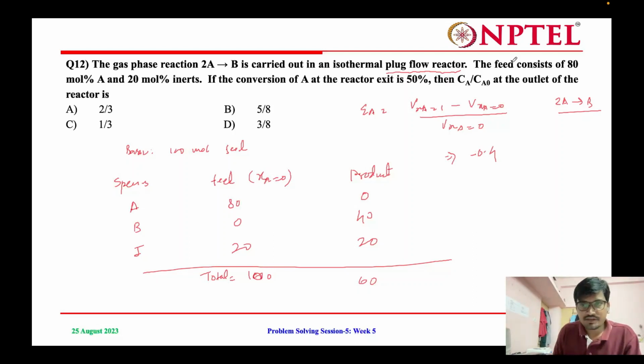Now to calculate the ratio, C_A by C_A0 equals (1 - X_A) divided by (1 + epsilon_A X_A). Here X_A is given as 0.5 and epsilon calculated is minus 0.4.